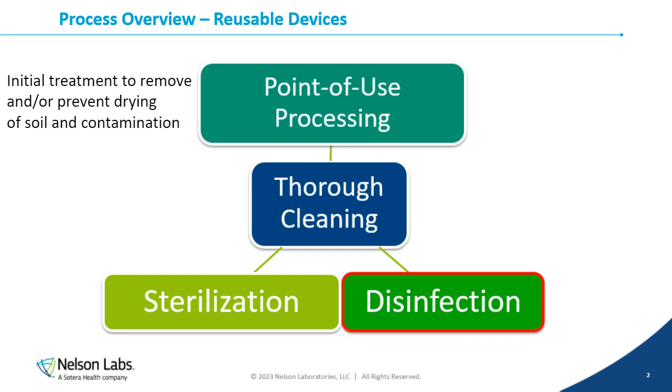This is an initial treatment to remove or prevent the drying of soil or contamination on the device. This is usually done at the bedside, in the hospital room, and is meant to avoid any contamination from drying on that device. After which it'll go through a thorough cleaning procedure.